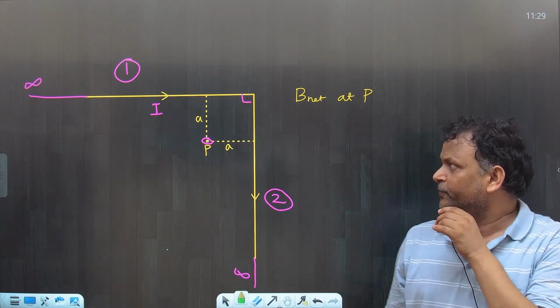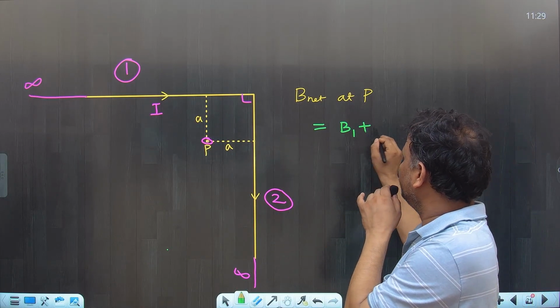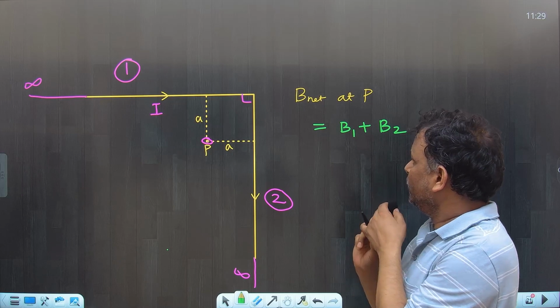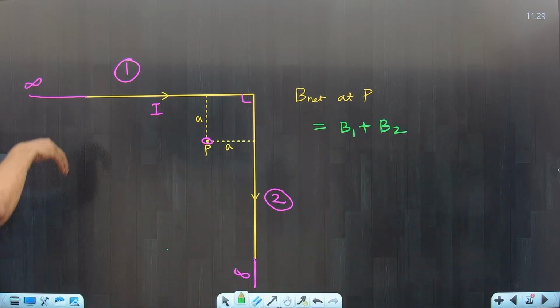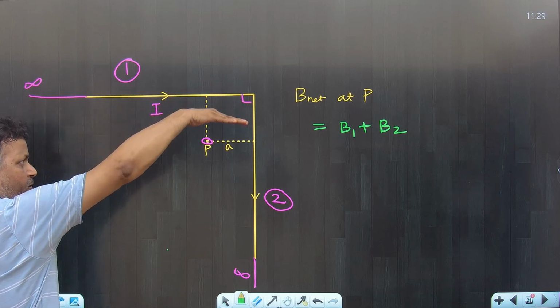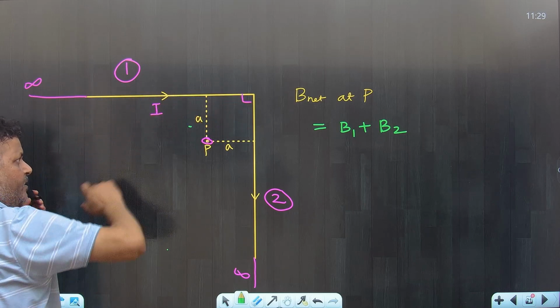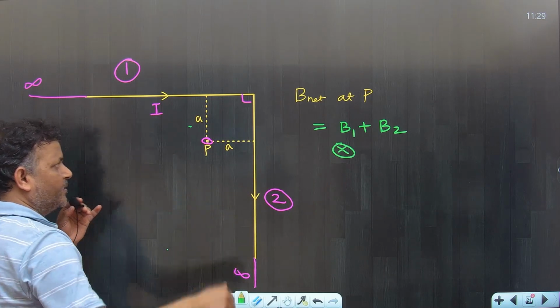B net is B1 plus B2, right? What is the direction of the magnetic field due to part 1? Keep your right hand fingers along the sense of current, palm towards P, thumb goes inside, that is B1 is into the paper, right?